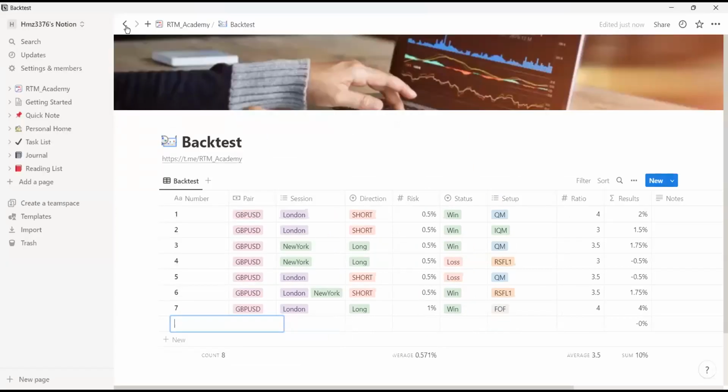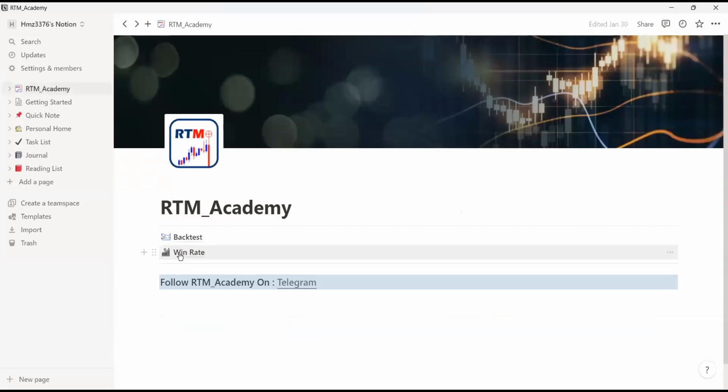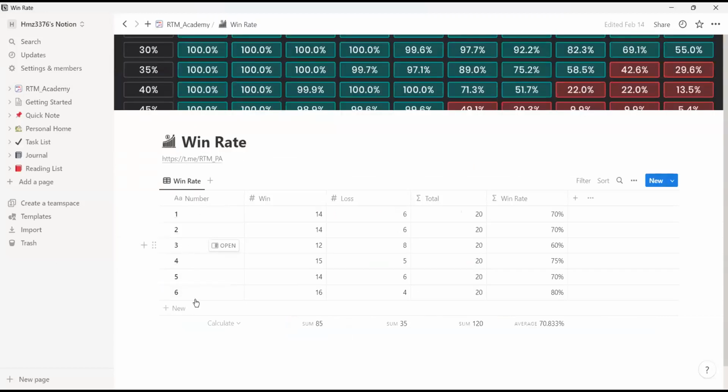When you have done this, you come here and record your win rate for each set of 20 backtests. For example, 7-1 is here. How many wins do you have out of that set of 20?